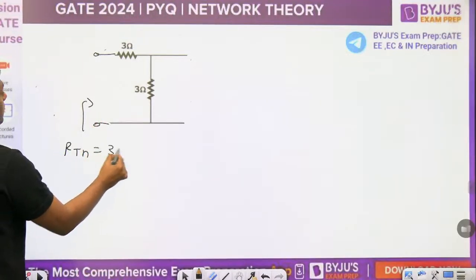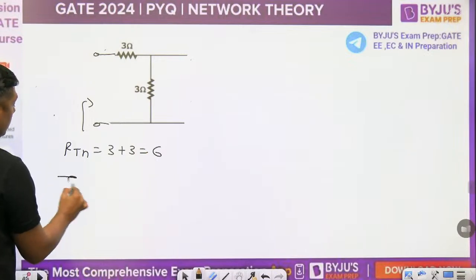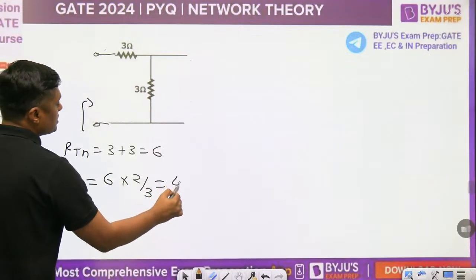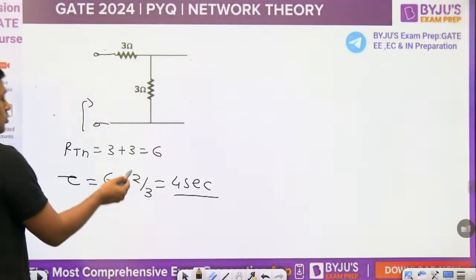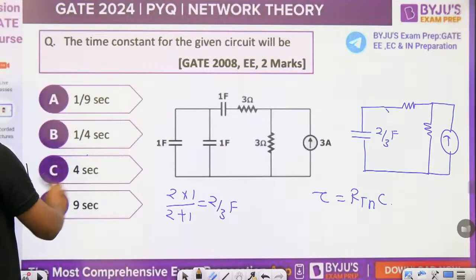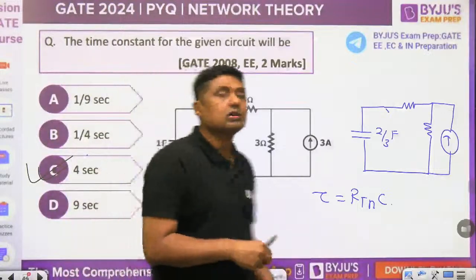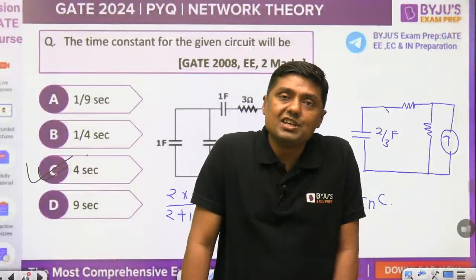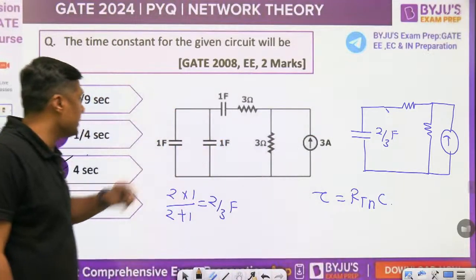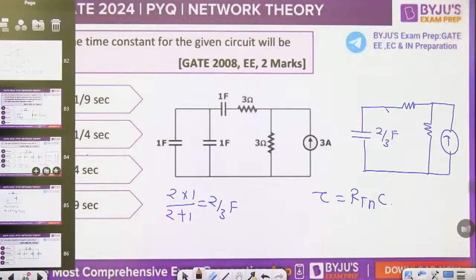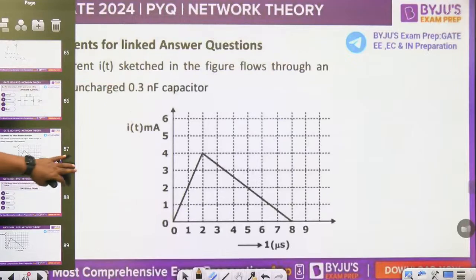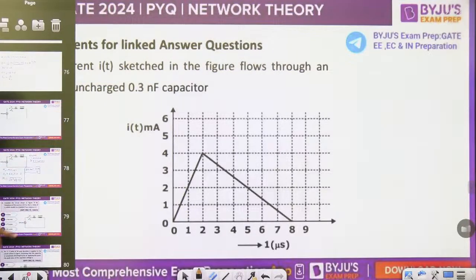RTH is nothing but 3 plus 3, which is 6. So what is the time constant? RTH into C: 6 into 2 by 3 is 4 seconds, because 2 by 3 is the C equivalent. So this is 4 seconds. Within 20 seconds you can solve this type of question. So find R equivalent, C equivalent, and then you can find the value of the time constant for this particular circuit, guys. Then the next one is a linked question.